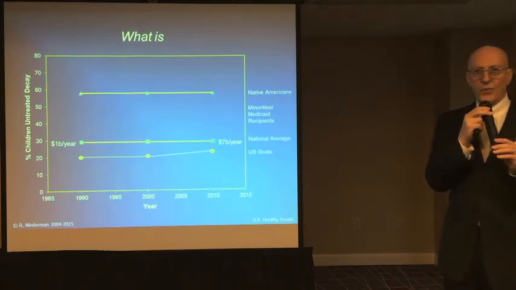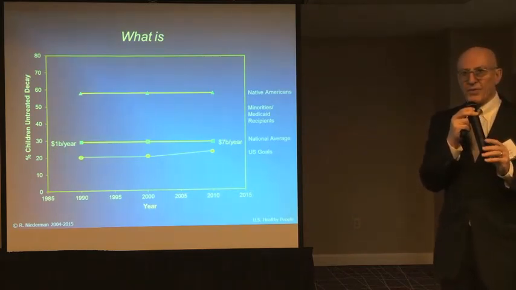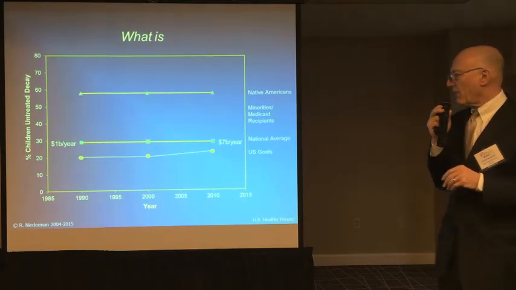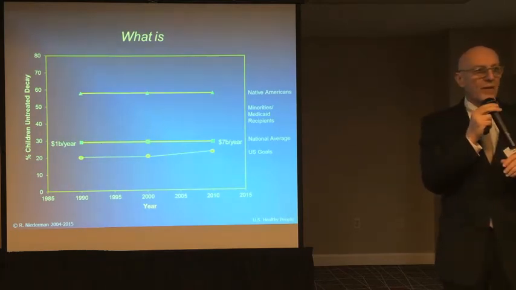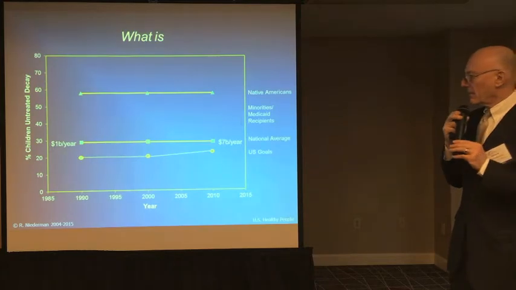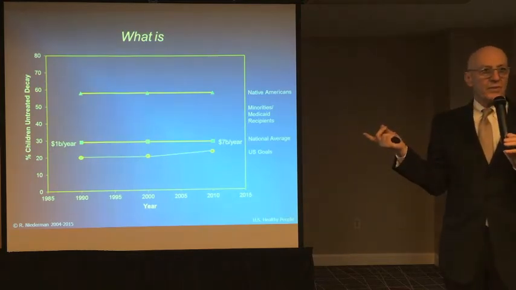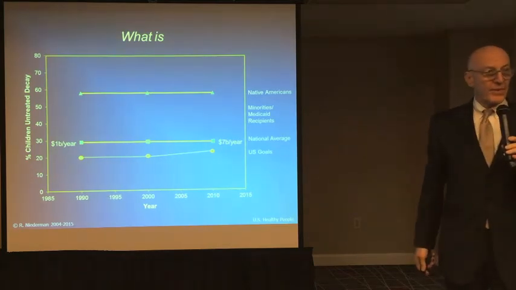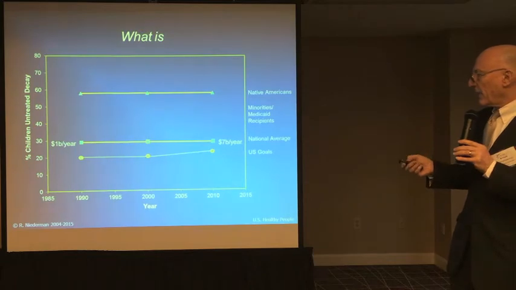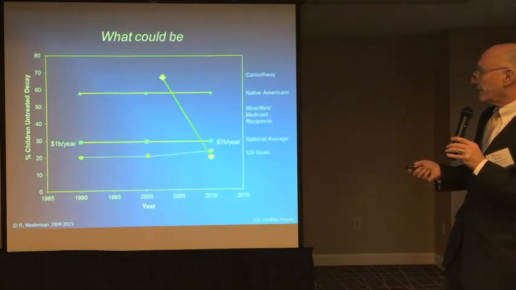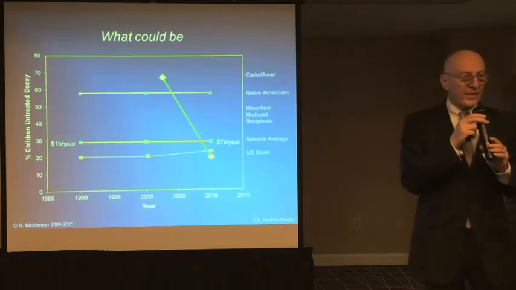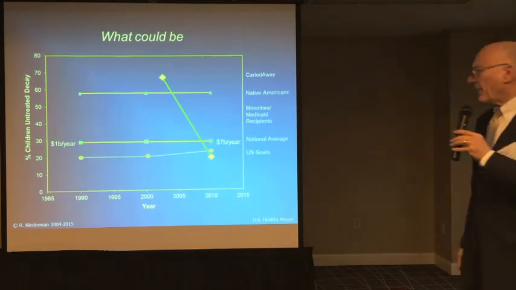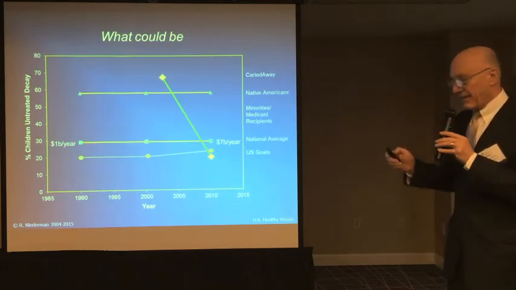We also, over that 20-year period, trained 30% more dentists and 60% more hygienists. So what we got for all that was a change in our goals. That's what the U.S. got for that 20-year period. So that's what I see our problem is. We're doing the same thing we've been doing, and we're training our students to do the same thing. So this is what I think could be if we did things differently.